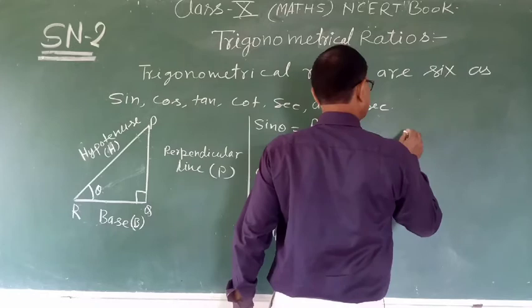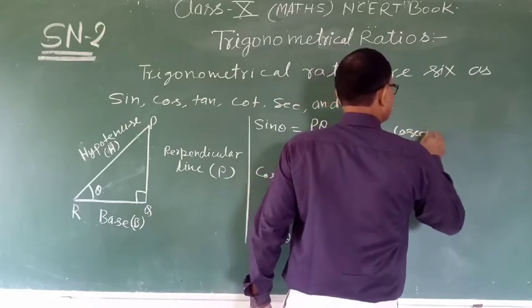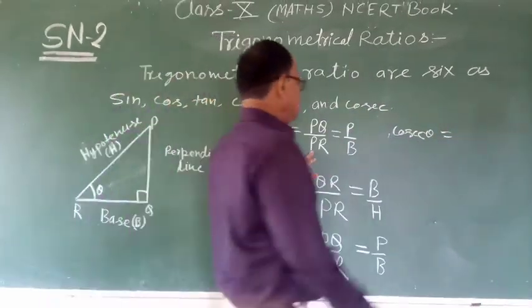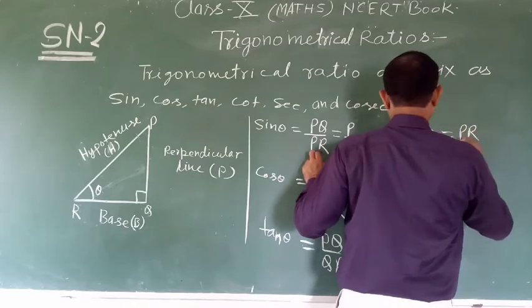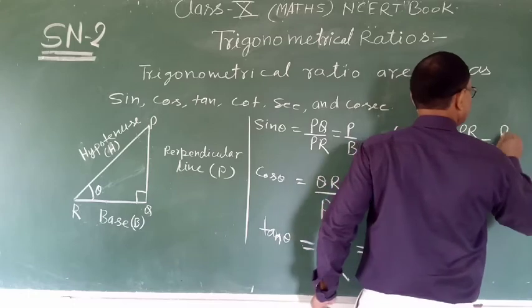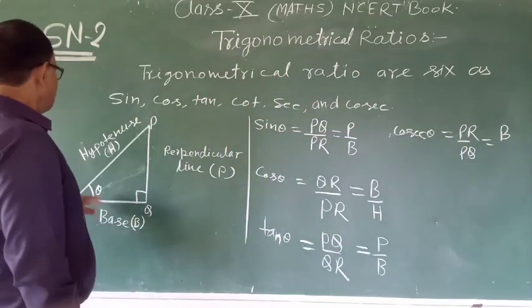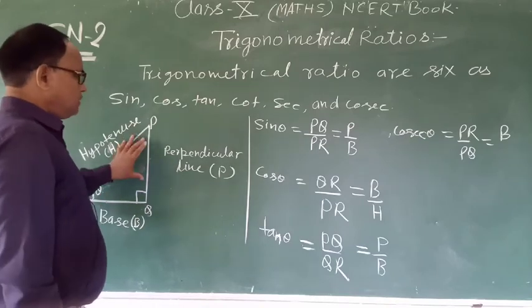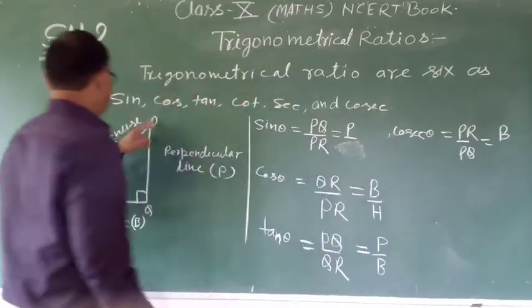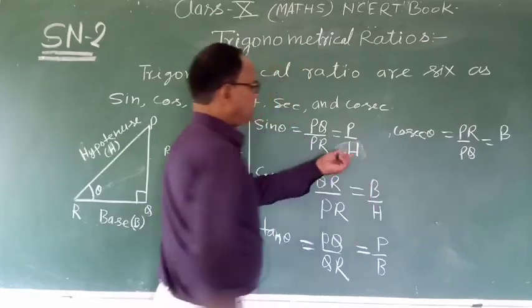Here we can write cosec theta is equal to PR by PQ, hypotenuse by perpendicular line, H by P. Sorry, now it is correct.